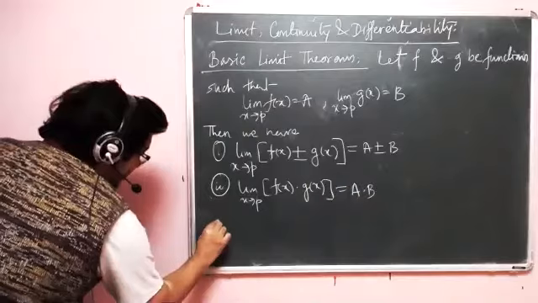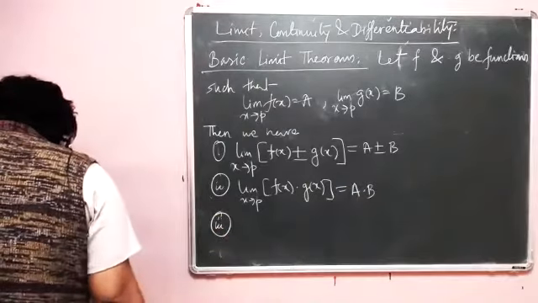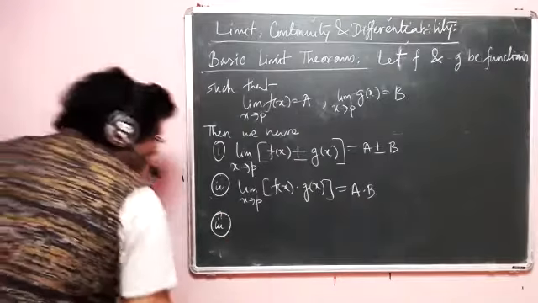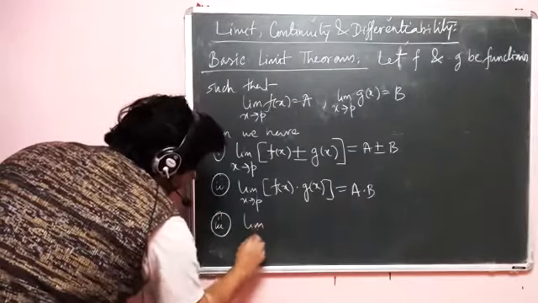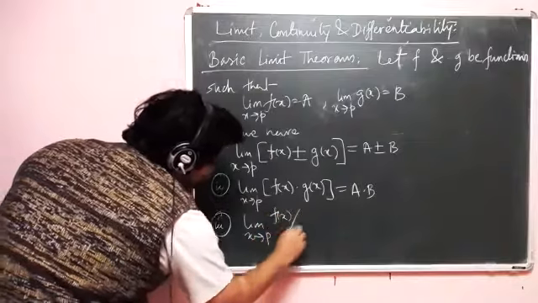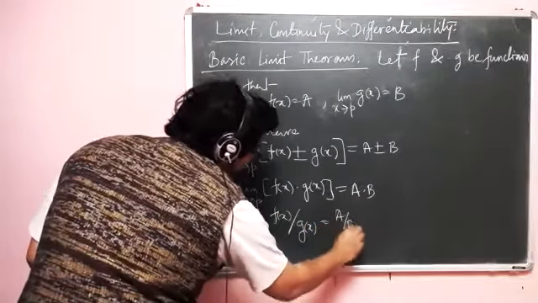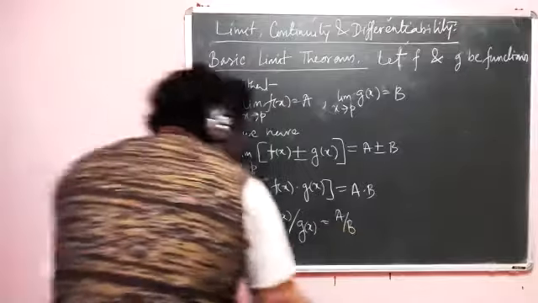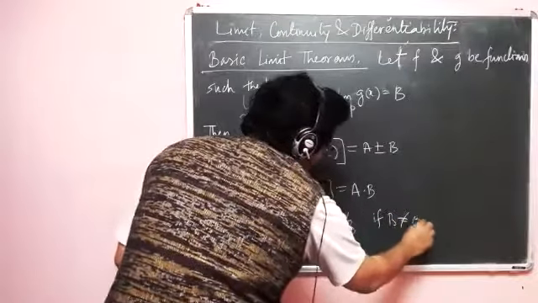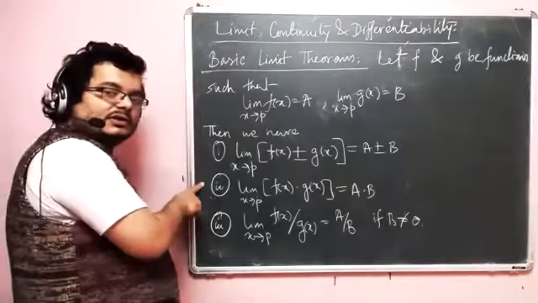I have separated the quotient because for the third one we have an extra condition, and the condition will come. So limit x tends to p f x divided by g x is equal to a divided by b if b is not equal to 0.